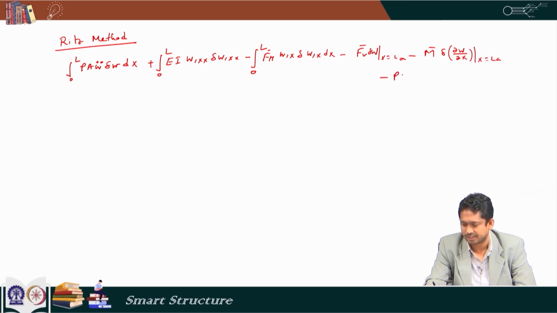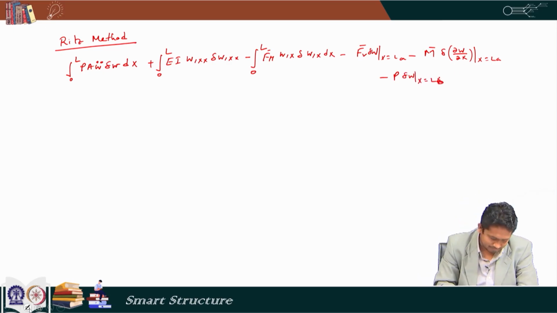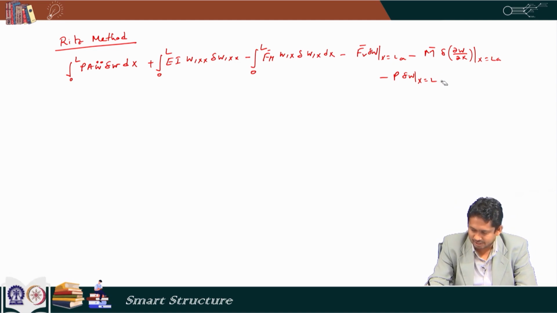And we have the last quantity here. The virtual work is at the point L b, because that is where we are applying the externally applied load.